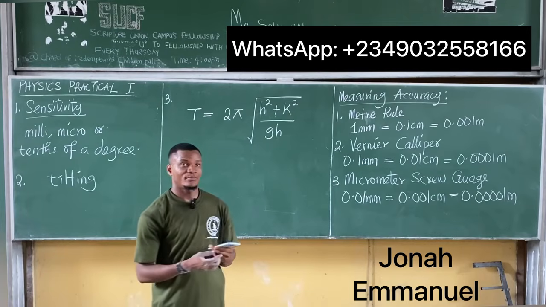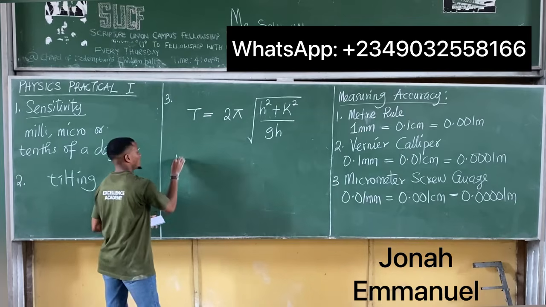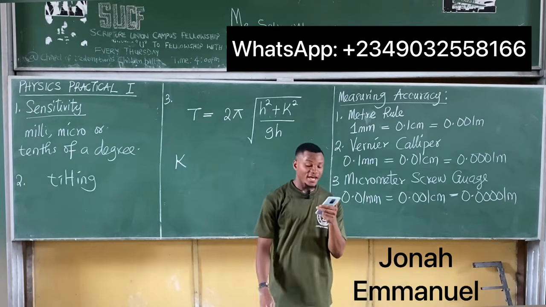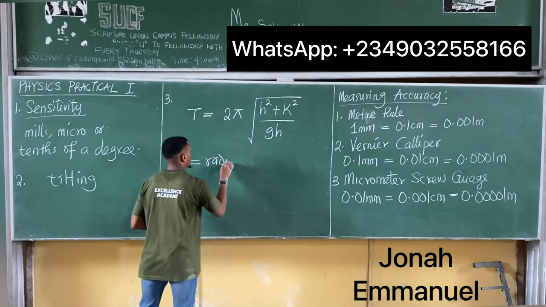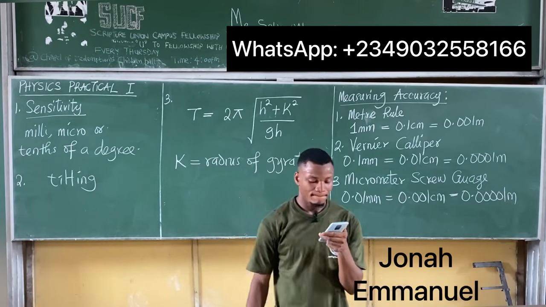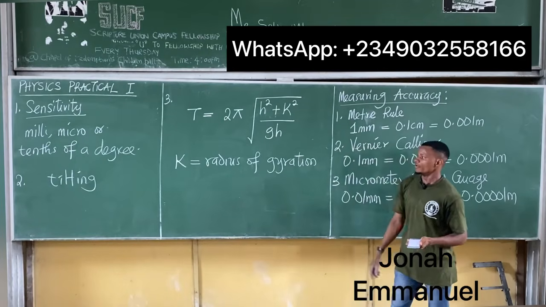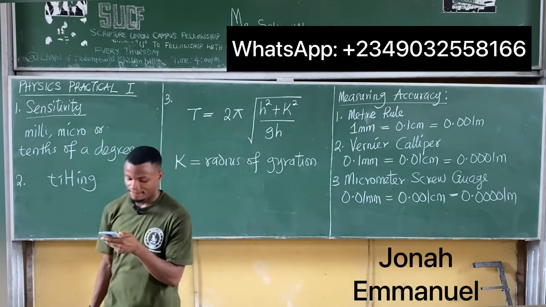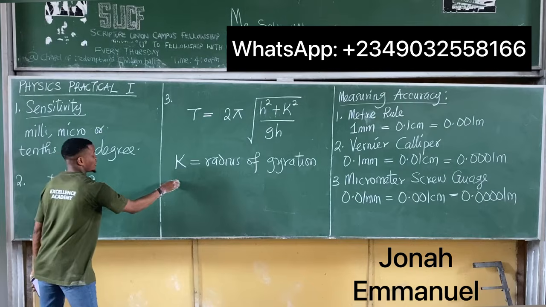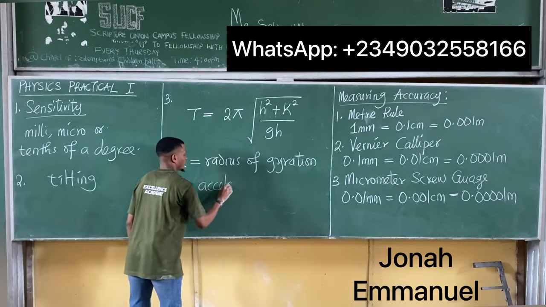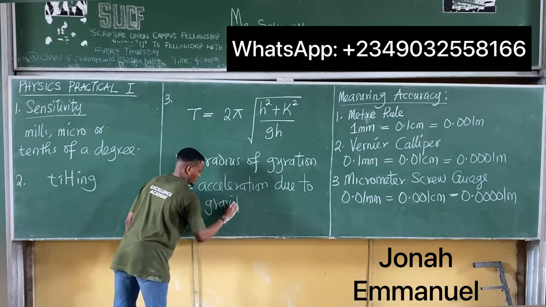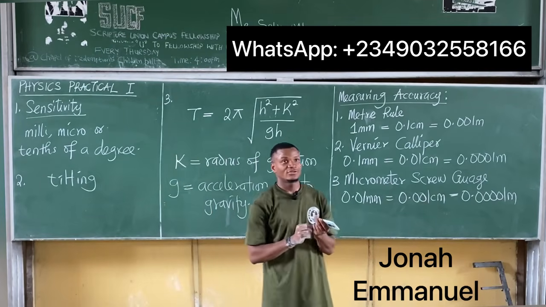After transforming to linear form, this is another past question too, K represents the radius of gyration of the bar pendulum and g represents acceleration due to gravity.